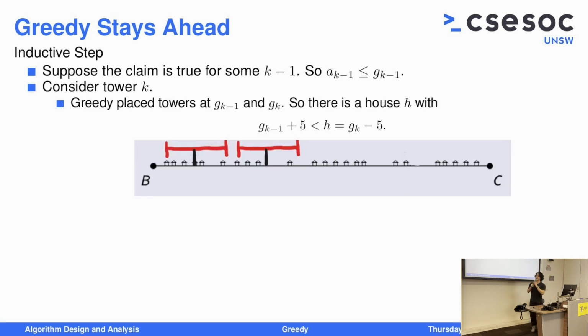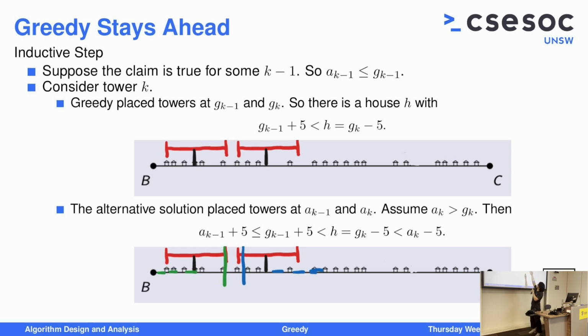We need to assume this because this is just how induction works. We consider then the kth tower. Greedy placed towers at g_{k-1} and g_k. So there is a house with g_{k-1} + 5 less than the house position, which is equal to g_k minus 5, the next kth tower of the greedy placement. And this diagram is precisely what that equation describes.